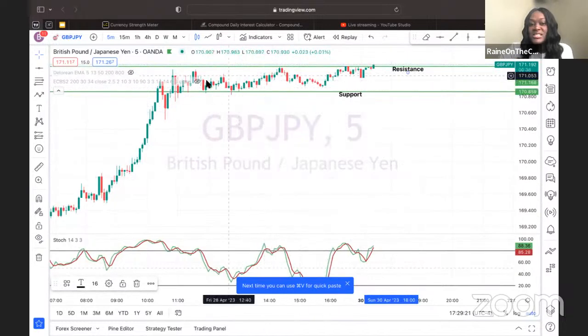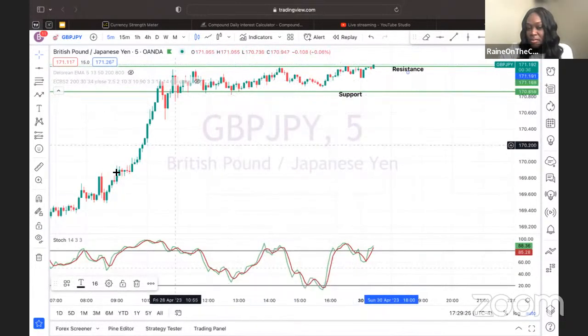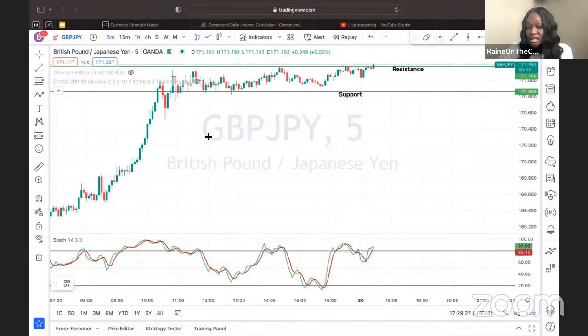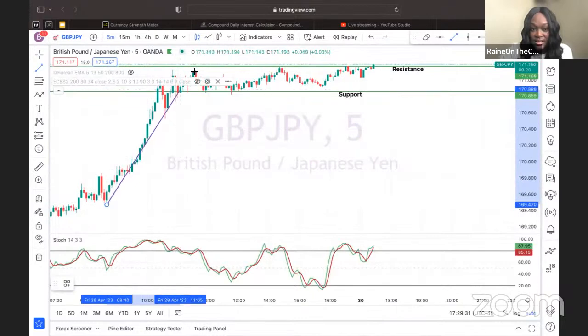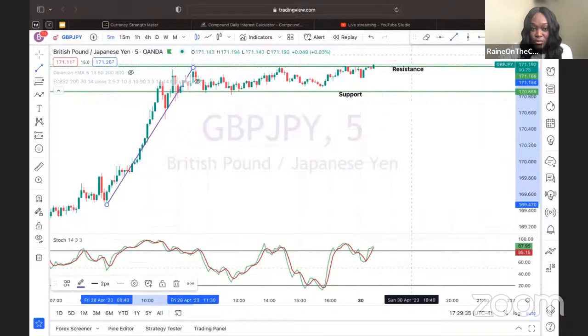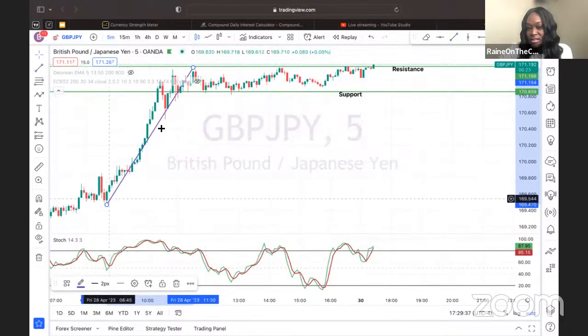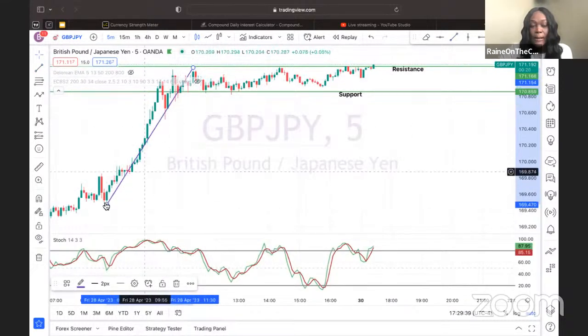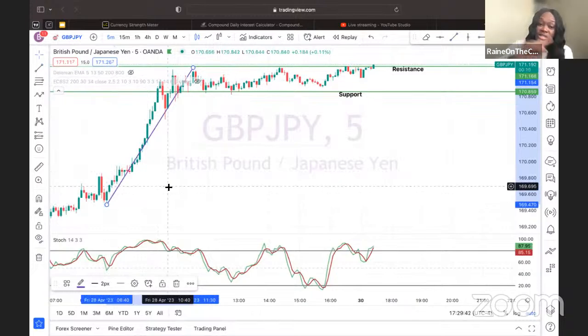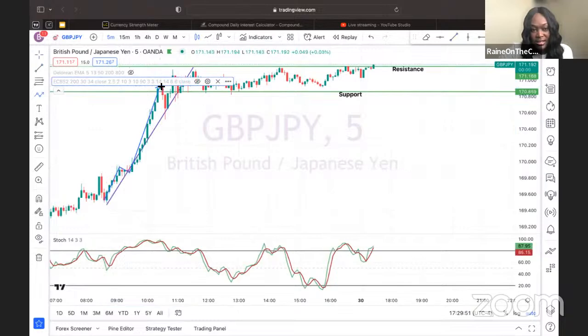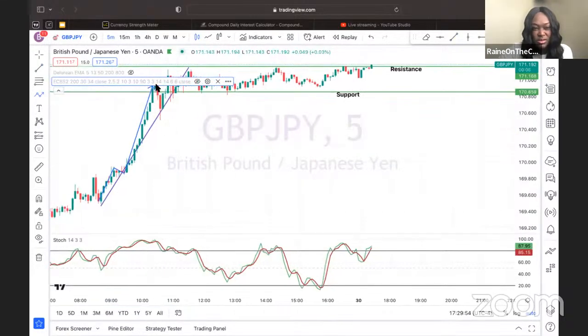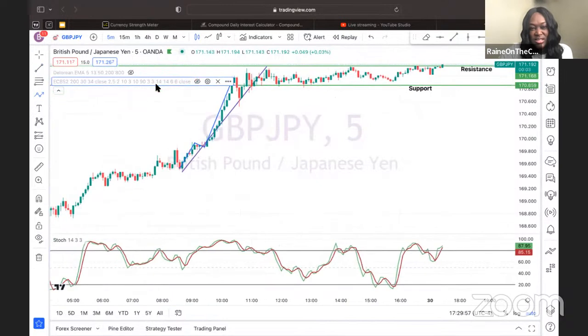So this is not a trending market. A trending market is like this, where it's decided that it's making a move up. That is a trending market. That's an uptrend. But we know that it typically doesn't just go in a straight line. This is how this one decided to move.